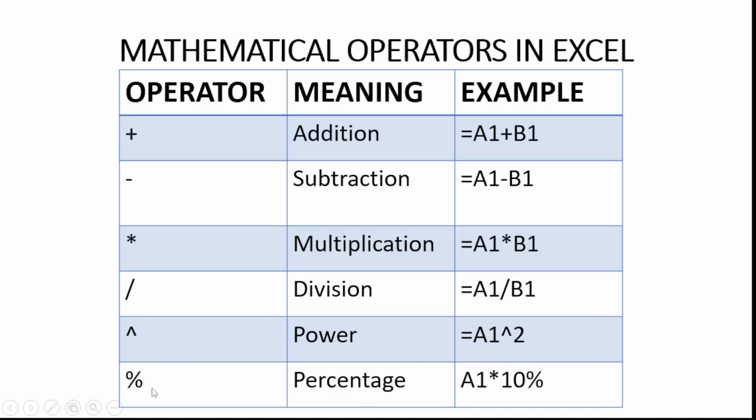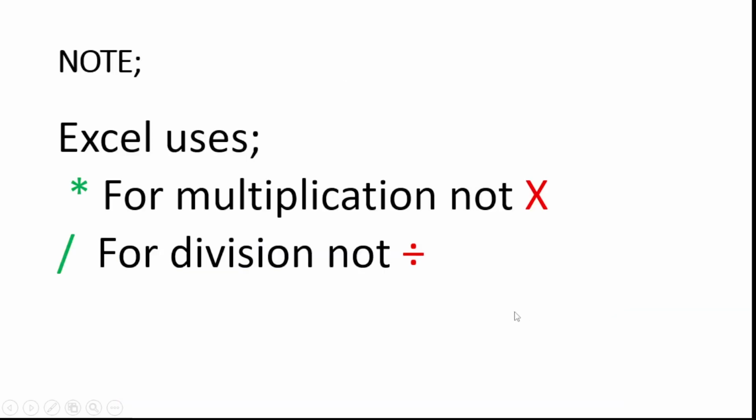And then the percentage symbol can be entered like the way you see on your screen. The key things that I need you to understand about these symbols or operations: this asterisk is used for multiplication, not the regular multiplication symbol that we know. Then this slash is used for division, not the ordinary division symbol that we know.